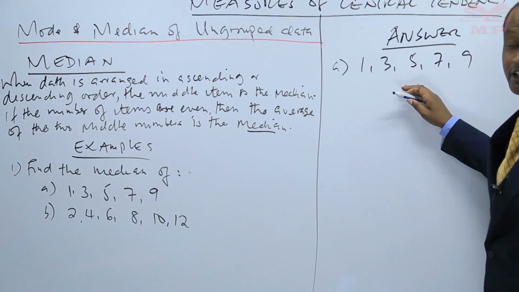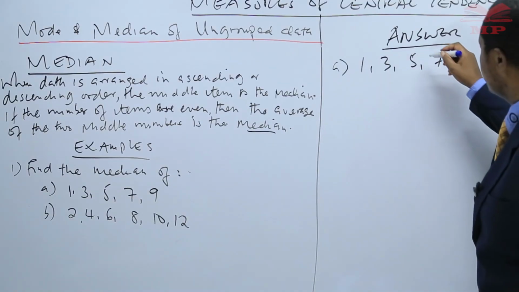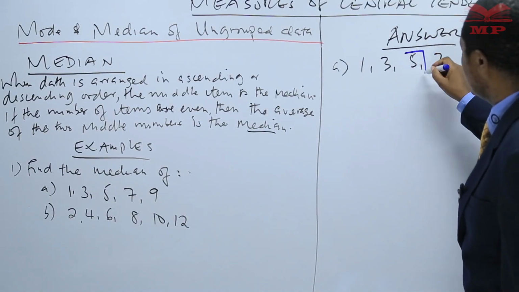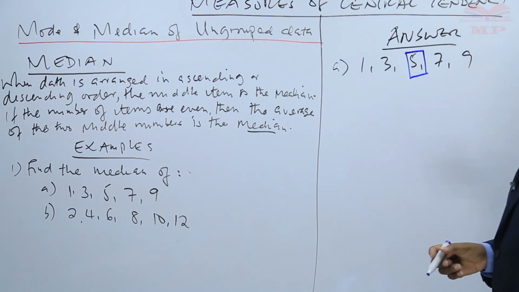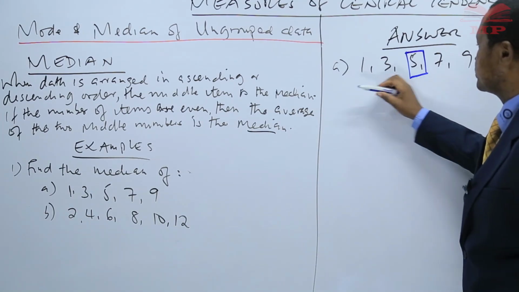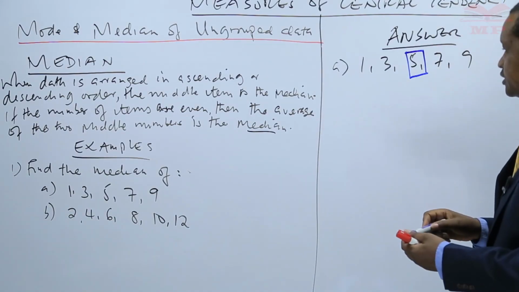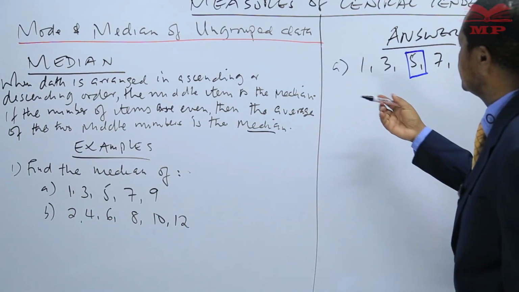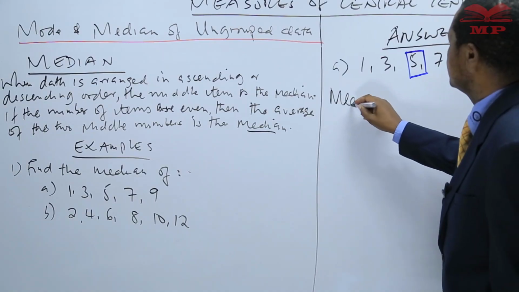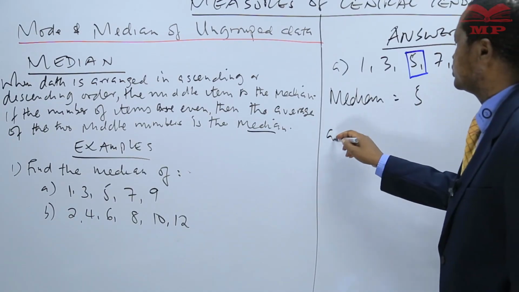Then you check the number that appears at the center, at the middle. And this number for this data is 5. 5 is at the middle because there are 2 numbers on the left of 5 and 2 numbers on the right. So the median is equal to 5.